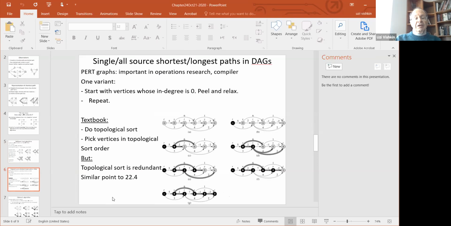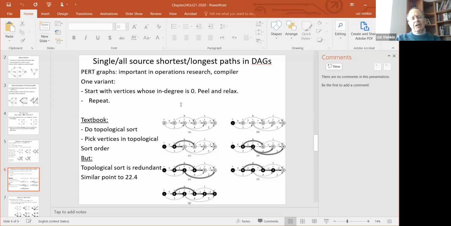And I made the quick comment that the algorithm of starting with vertices with in-degree 0, removing them, marking the shortest path to all vertices you can reach from them, and then keep removing vertices with in-degree 0, which is basically the same algorithm that we studied for topological sort, gives us the single source, or all source, if you will, shortest path, longest path, whatever you want.